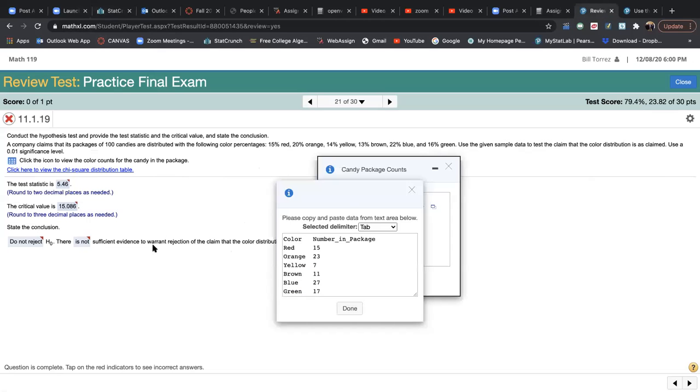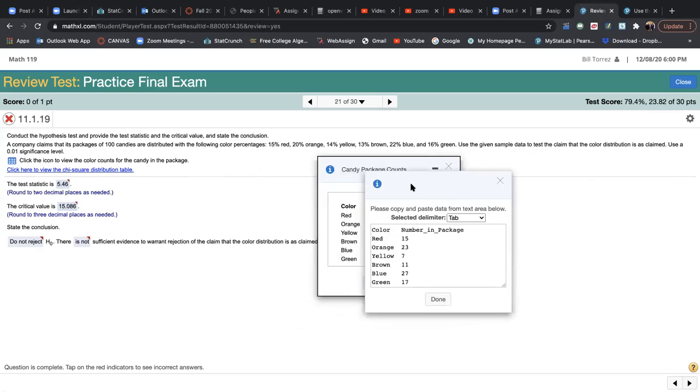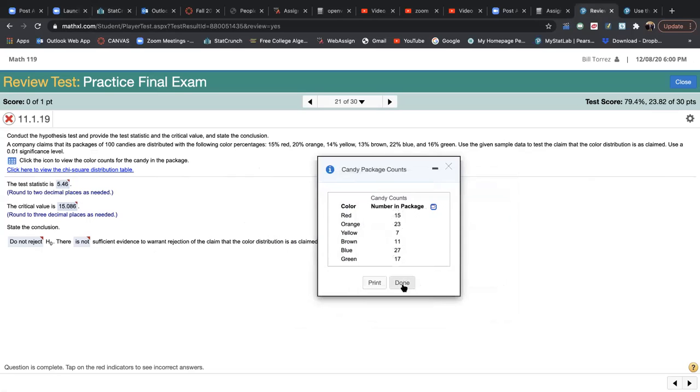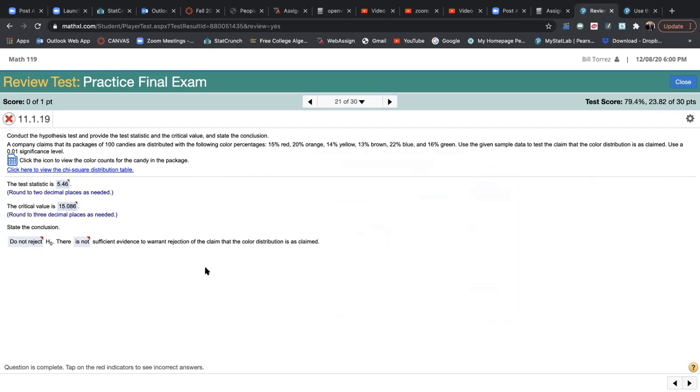And here, we do not reject H0. The data do not provide sufficient evidence to warrant rejection of the claim that the color distribution is as claimed.